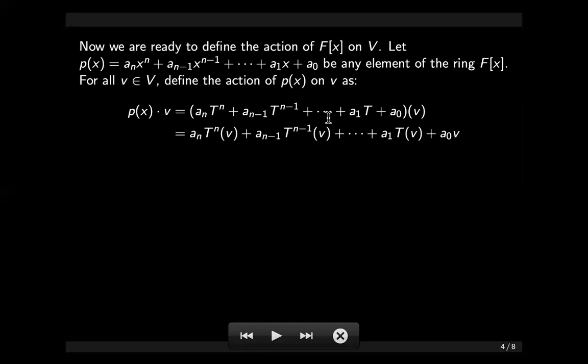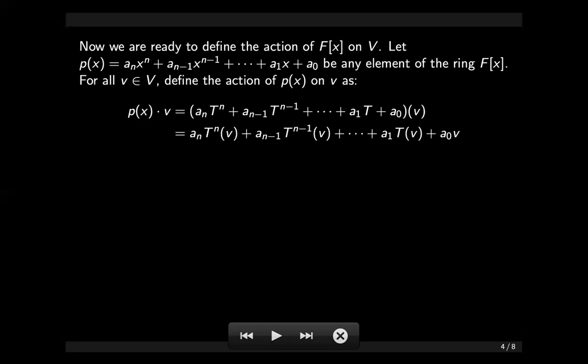If we apply this through the sum, we simply get a_n T^n applied to v plus a_{n-1} T^{n-1} applied to v plus all the way down the line to a_1 times T applied to v, and then we have plus a_0. This would actually be our zeroth term, so it would be T^0, but we know that T^0 is equal to the identity transformation. So that would just be I of v, and that would just give us v again.